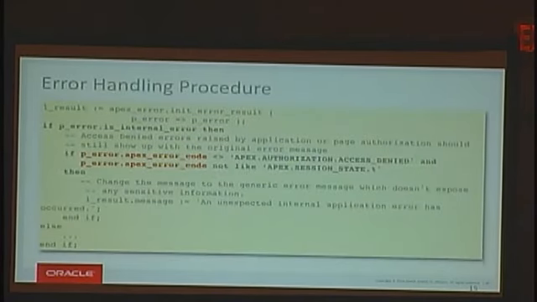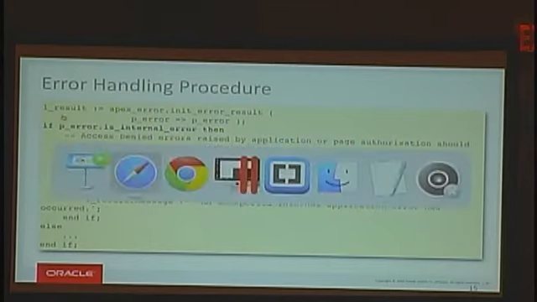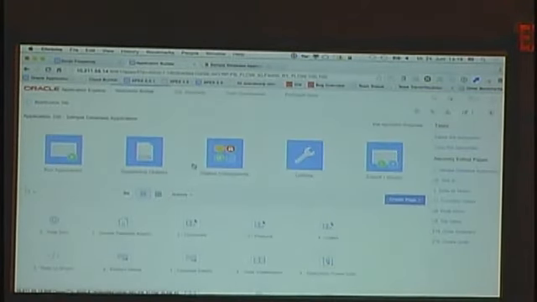Another small enhancement is in the area of error handling procedure. You might have already noticed that in all our packaged applications we have an error handling procedure that's used to beautify the error messages that are sometimes generated.